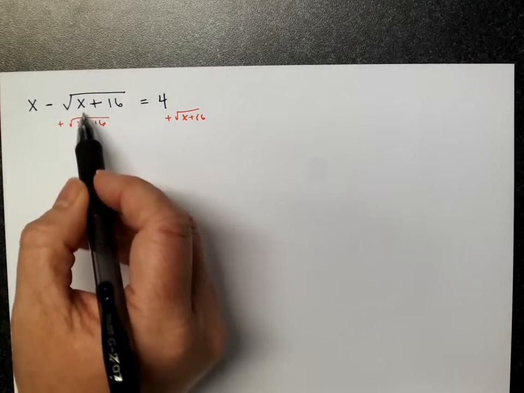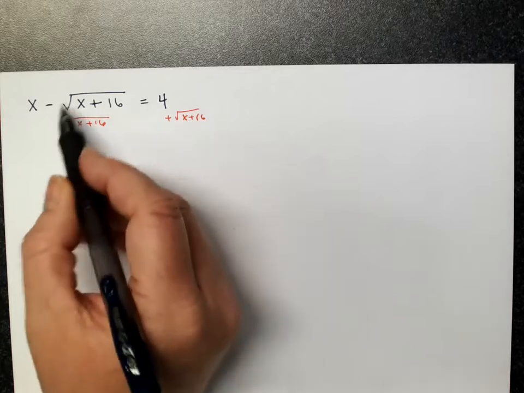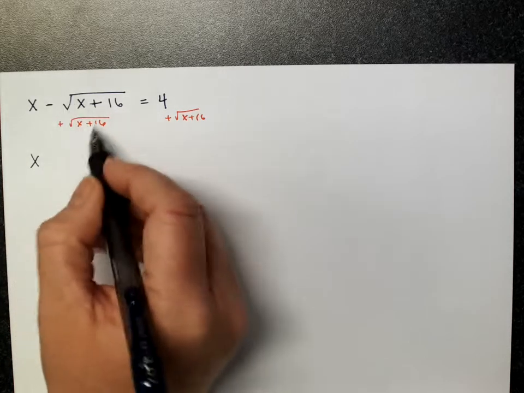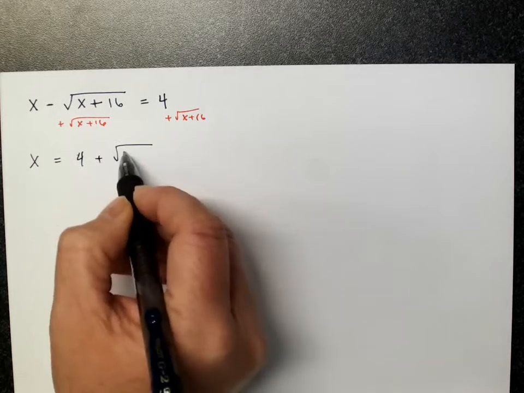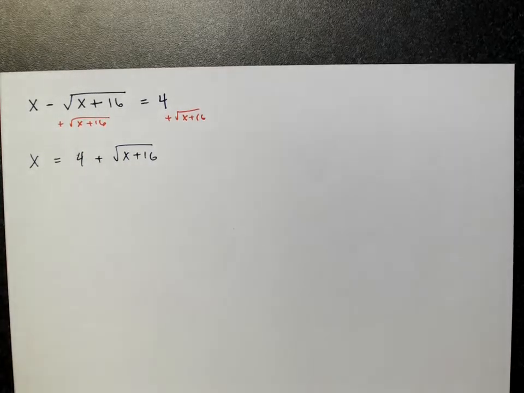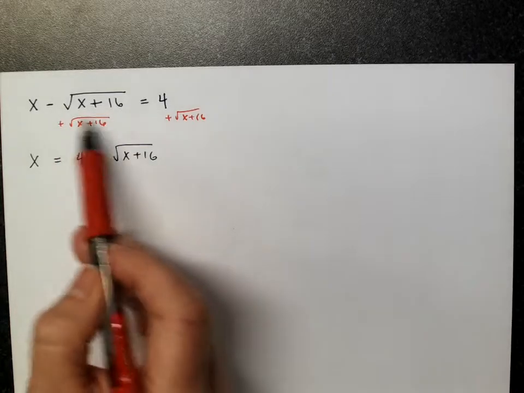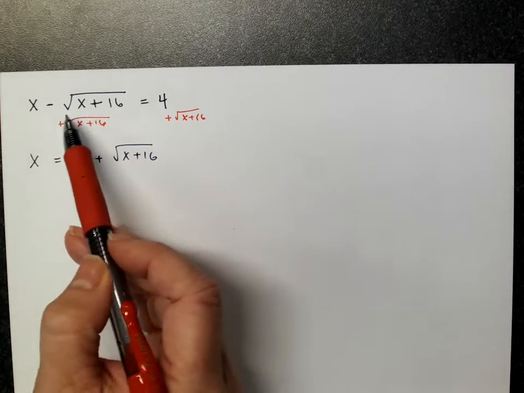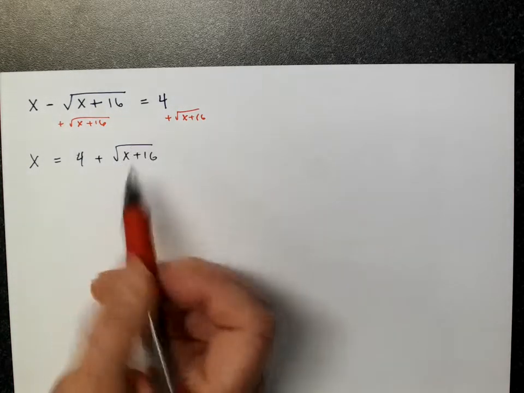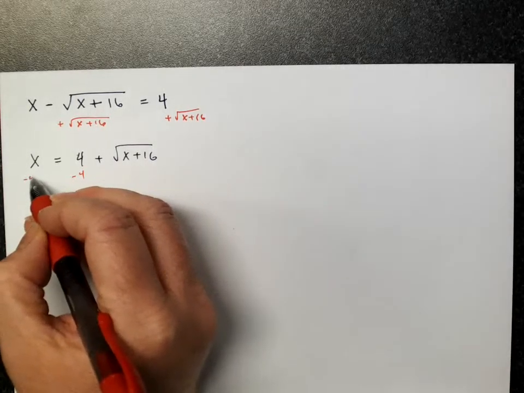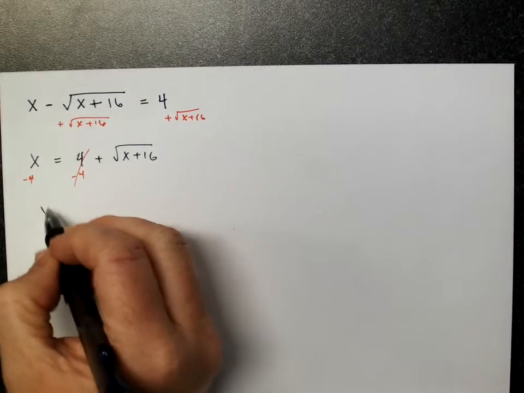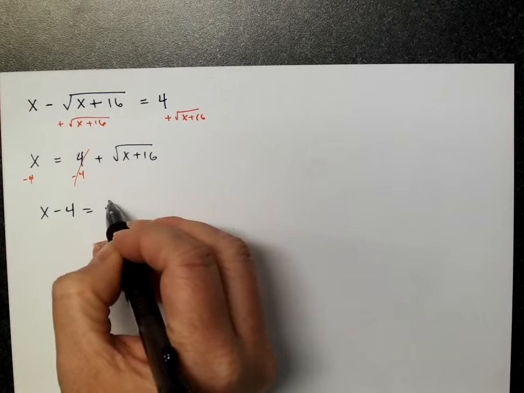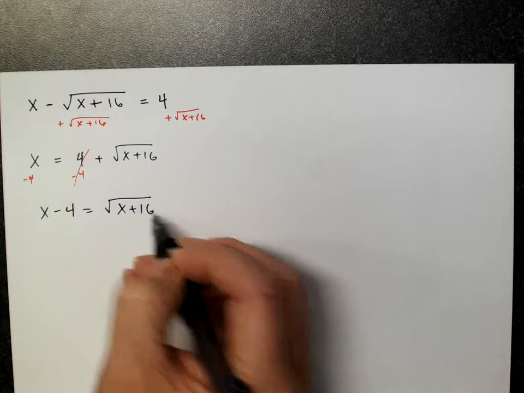So by moving this over to the right, I cancel out. This leaves just an x here, and that cancels out, giving us 4 plus square root of x plus 16. And then, since we committed to putting the radical over here instead of leaving it there, I moved it over so it wouldn't be negative anymore. But that means I need to get rid of the 4. So you're left with x minus 4 is equal to radical x plus 16.